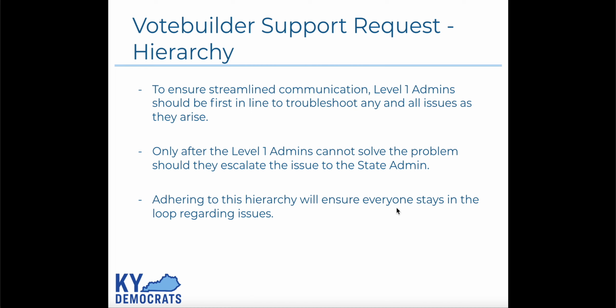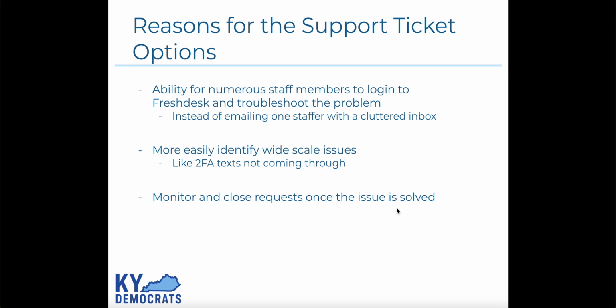The campaign manager, who's the level 1 admin, can't troubleshoot it, then sends it up to the state admin, who will work to resolve the issue, and everyone will stay within that ticket. All communication will stay within that ticket so everyone knows what the status is. Not using this is going to be something that causes a lot of confusion. So definitely stick to this support request hierarchy, whether it's within Vote Builder or Freshdesk.